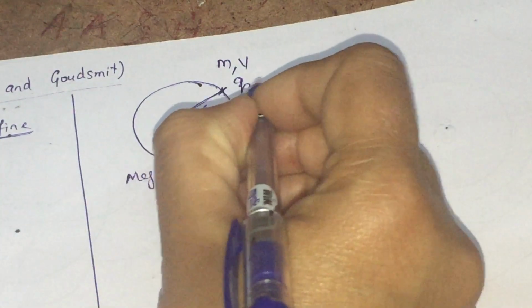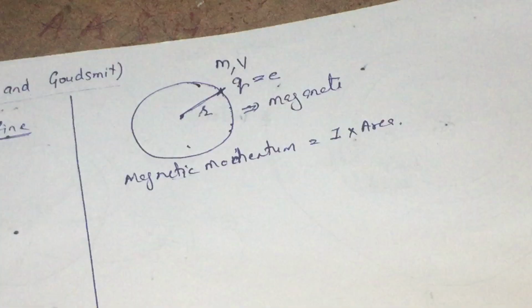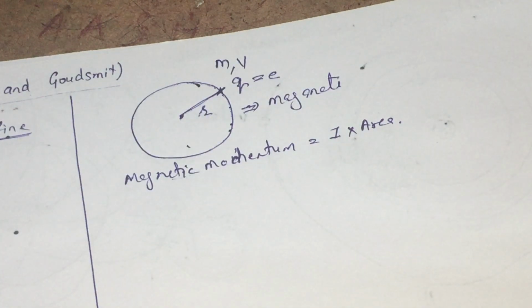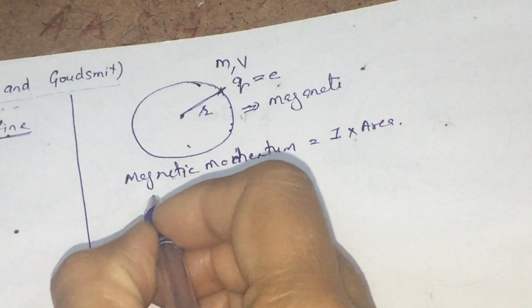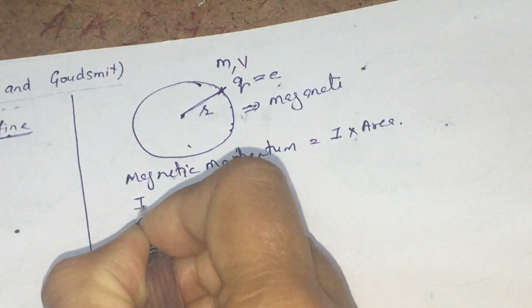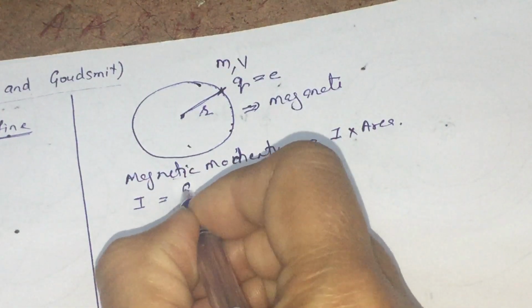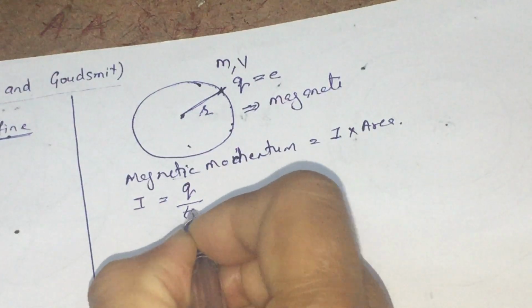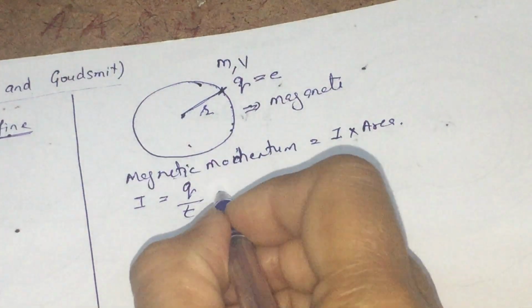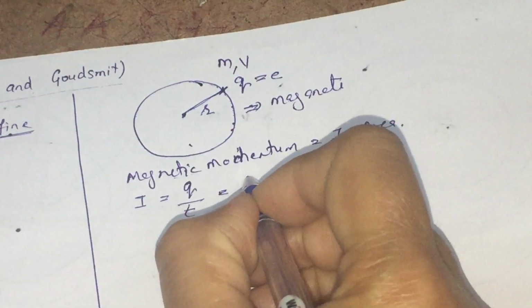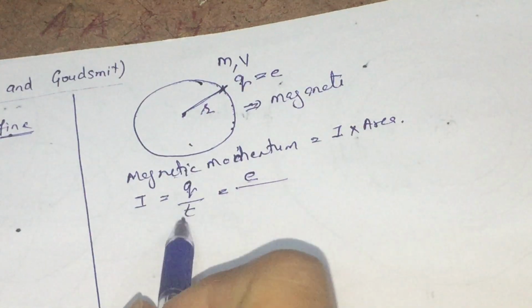In our case, the charge is the charge of an electron, and we know that current is nothing else than charge flowing per unit time at a particular point. Now we will put Q is equal to e. And what is T?